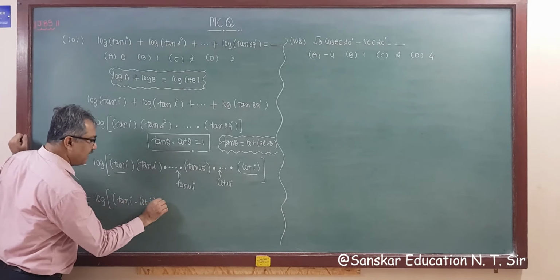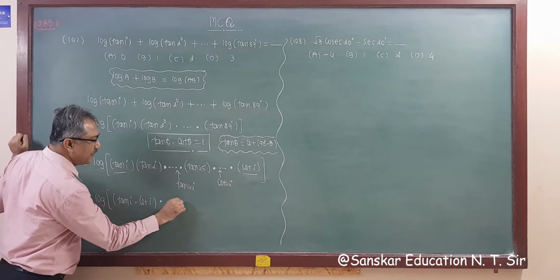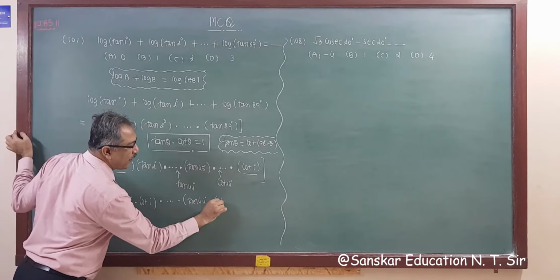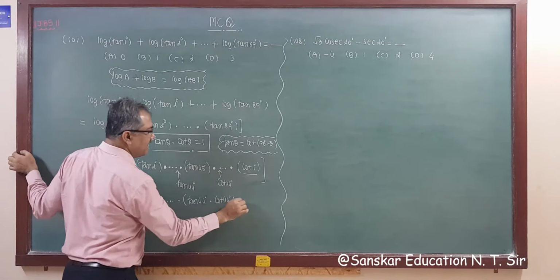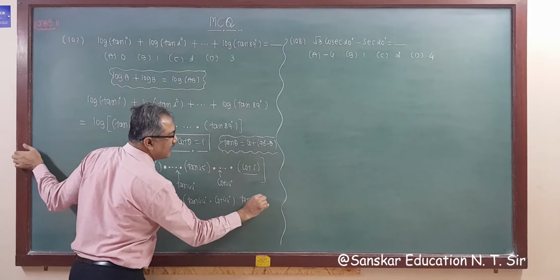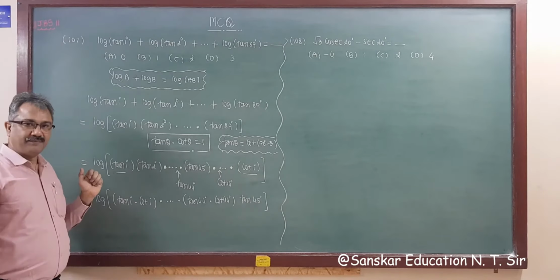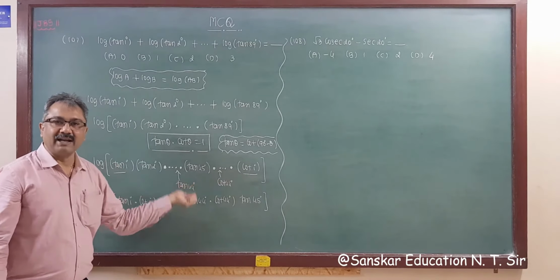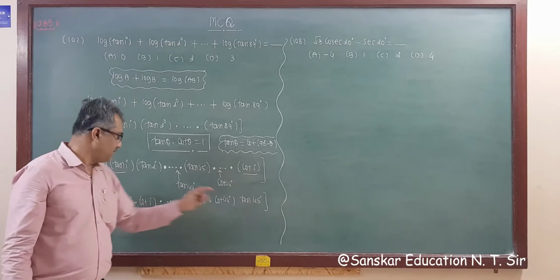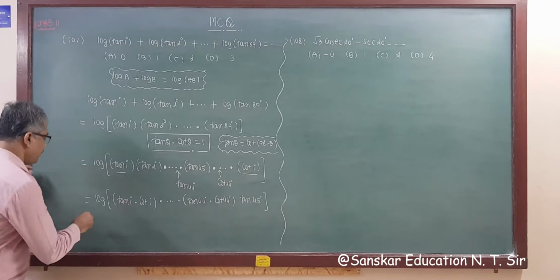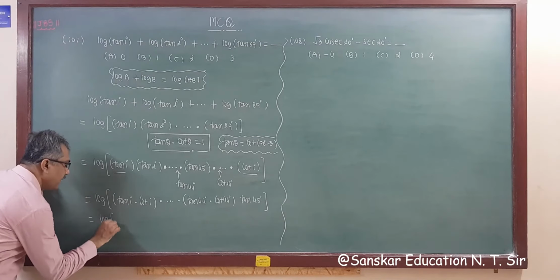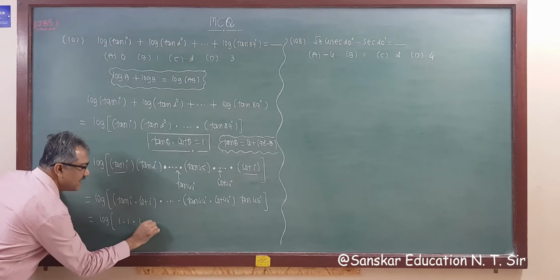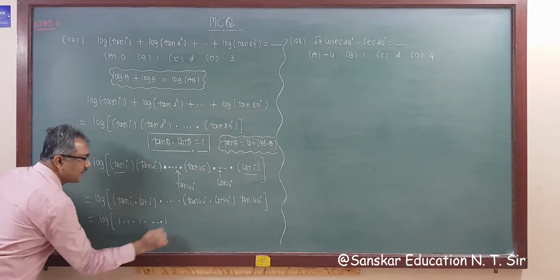So we get the last term tan 44 into cot 44, and then tan 45 remaining as it is. Got it? We get 44 pairs of tan 1 cot 1, then tan 45 as it is. Now tan 45 is 1, and every pair is 1. So we get log of 1 into 1 into 1 into dash into 1, right?